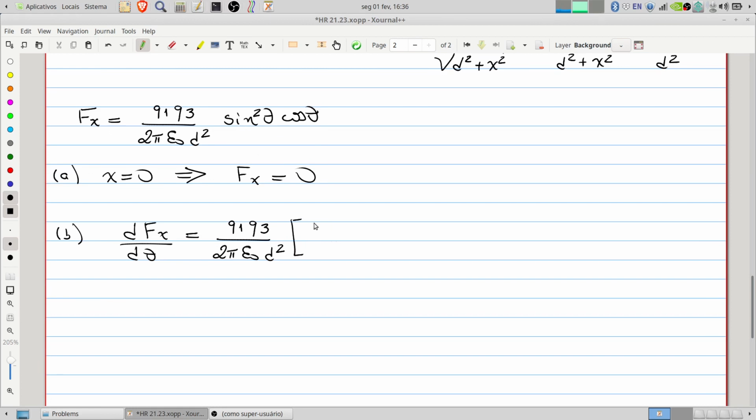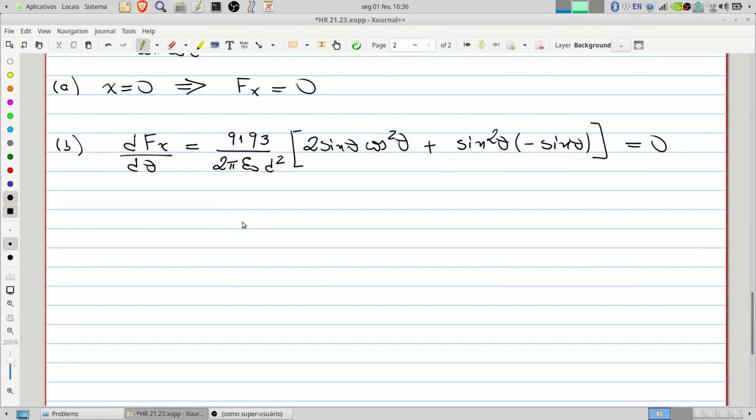So deriving the first, 2 sine of theta, chain rule, cosine of theta, squared, plus the first term, sine squared of theta, deriving the cosine, minus sine of theta. Okay, I think it's correct. And this equals 0 to find the maximum.